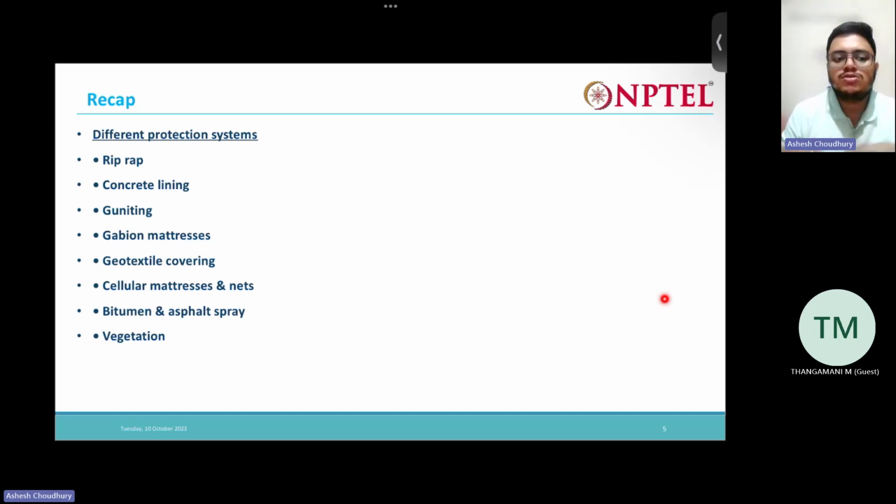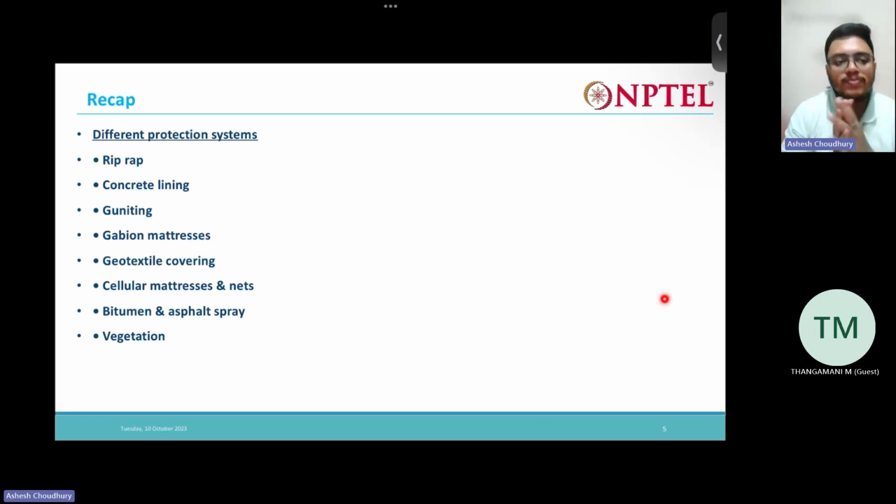Then we have geotextile covering. These types of geotextile covering are regularly used to protect slopes. Sometimes these slopes are very susceptible to rain-induced erosion. Whenever rain comes, a lot of mud slush comes down from the slope.